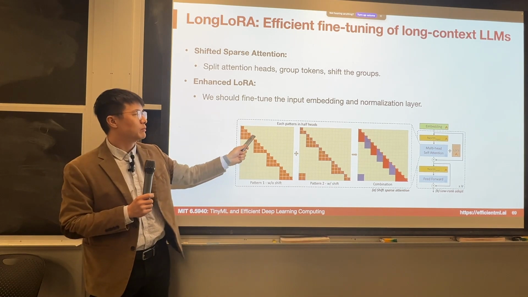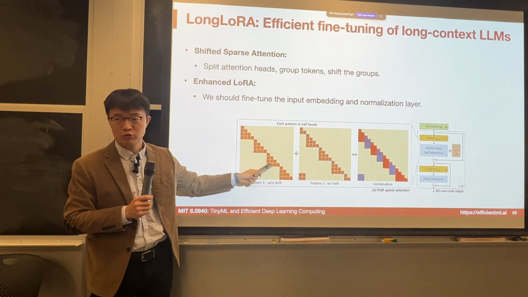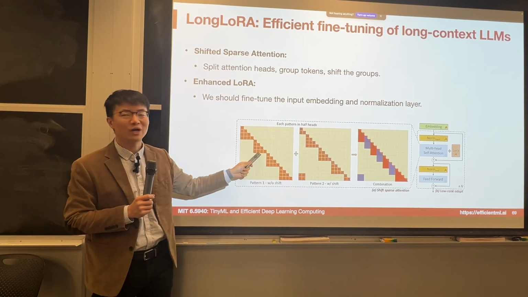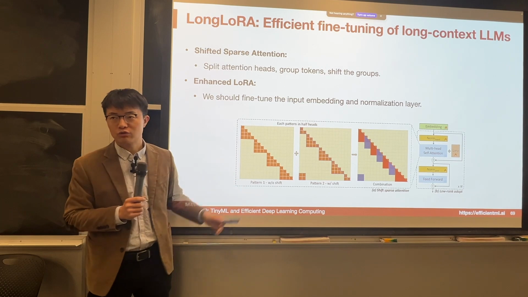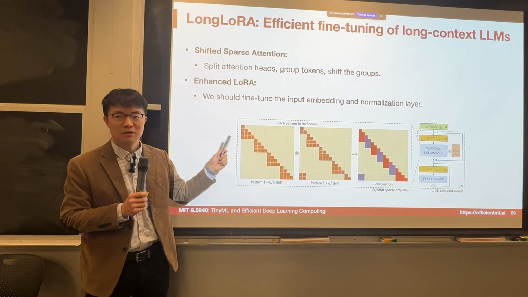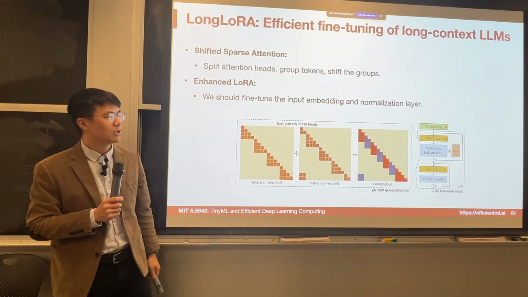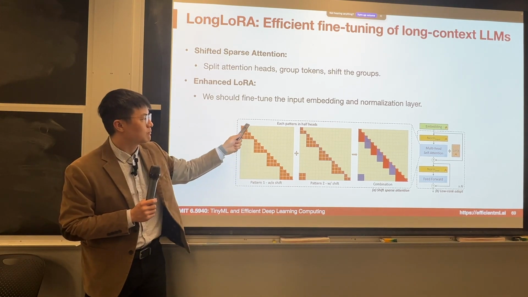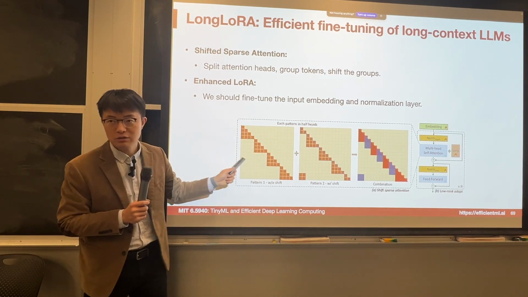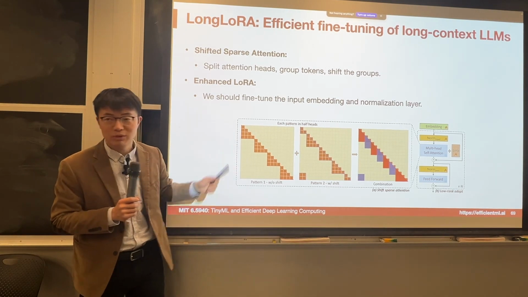We group them by 4 groups, and we only have the full attention within each group. Between groups, there's no attention. But absolutely, that will incur a loss of capacity because between group 1 and group 2, there's no attention. Here is completely empty.